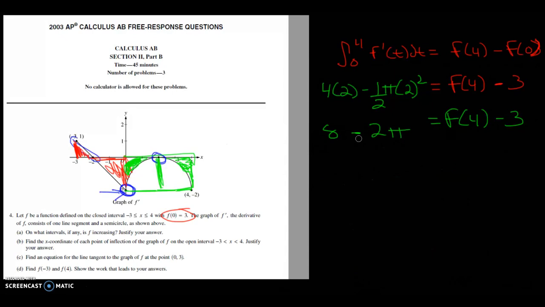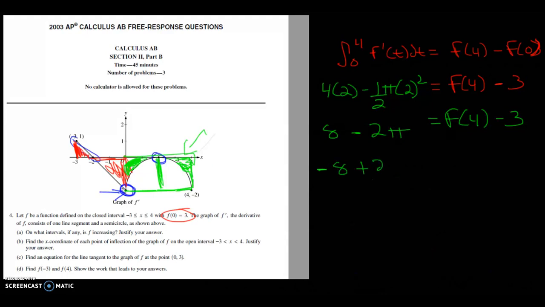Okay, so we have the 8 minus 2 pi, but the one thing that I want to point out is it's underneath the x-axis. So if it's underneath the x-axis, it has to be negative. So this part is negative. So we're going to switch all the signs.